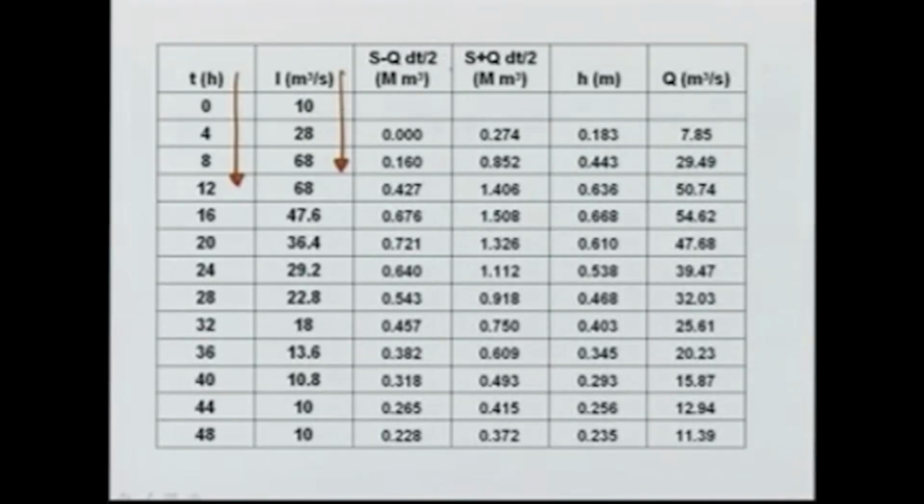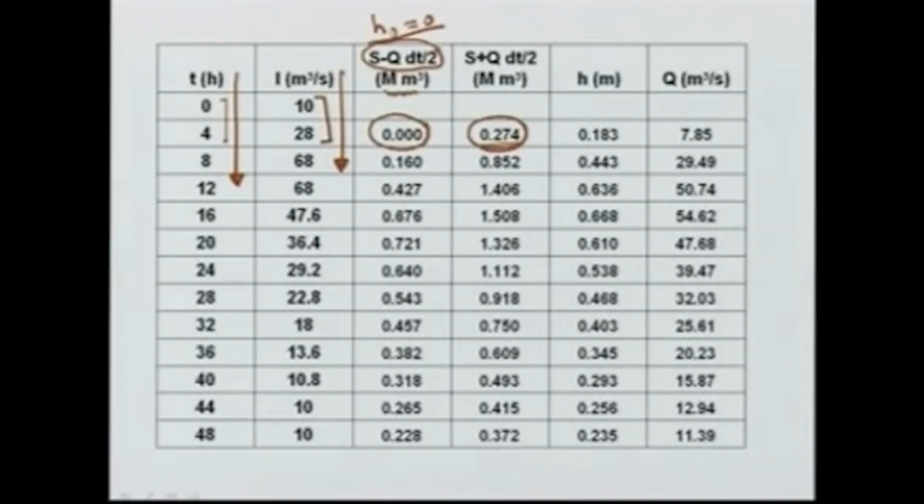S minus q delta t by 2 is 0, because our initial h is assumed as 0, therefore both s and q are 0. This term comes from s minus q delta t by 2 plus the mean inflow into delta t. So, 28 plus 10 divided by 2, which will be 19 meter cube per second into 4 hours, that we will convert into million meter cube and get a value of 0.274.